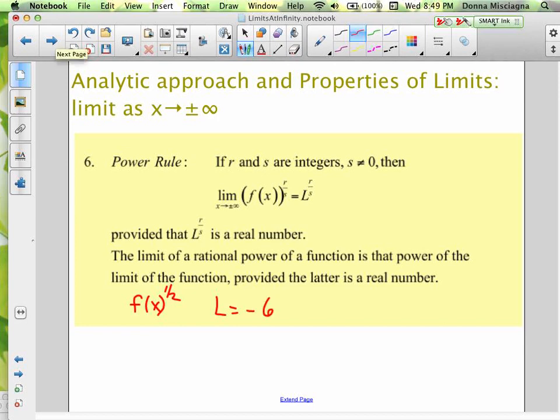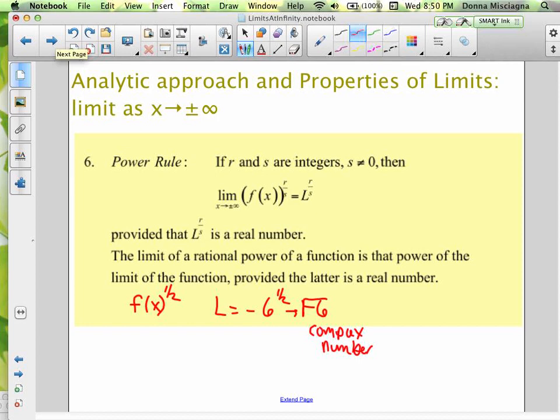Well, that would be a problem, right? Because if we were to take the square root of -6, because the 1/2 power of -6 is the same as the square root of -6, that would be a problem, because this is a complex number and not a real number. Right? And all of our limits are going to exist in the real number system, not in the complex numbers. So this would be a problem.